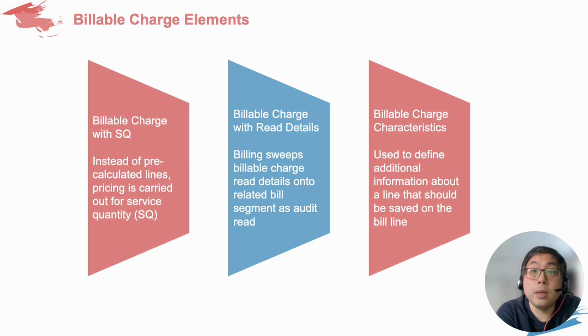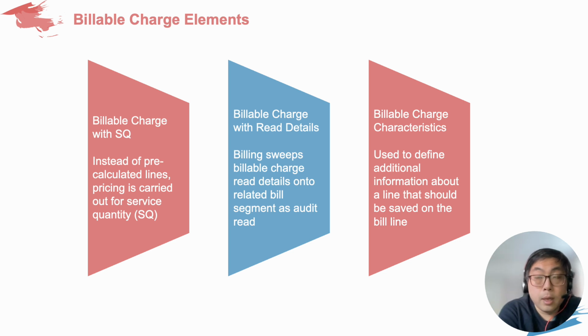So a bill calculation line will be generated based on service quantity, and basically it's applying a rate defined on the service agreement to the service quantity to generate the bill segment calculation line. It can be used for a few different cases. One of the cases is the utility doesn't manage the customer reads directly.